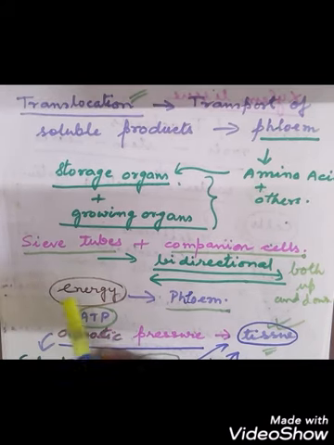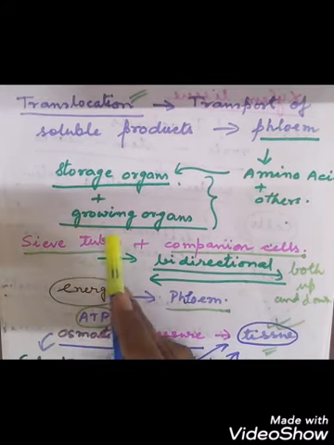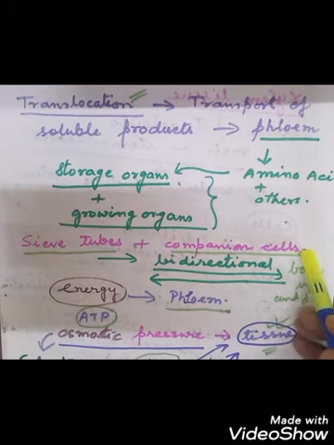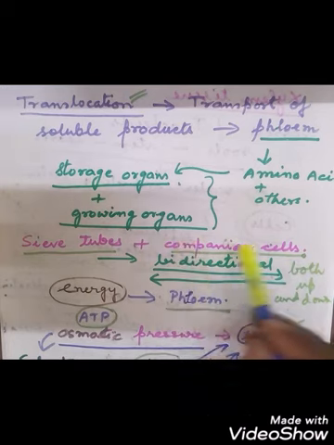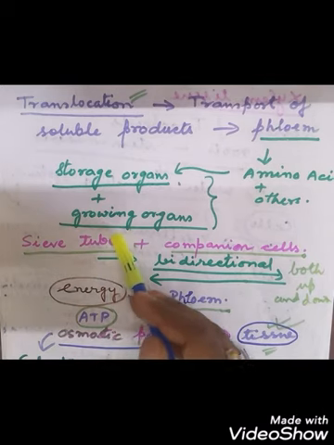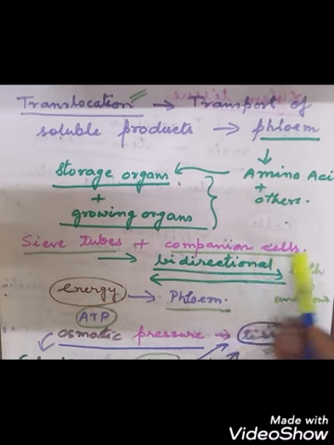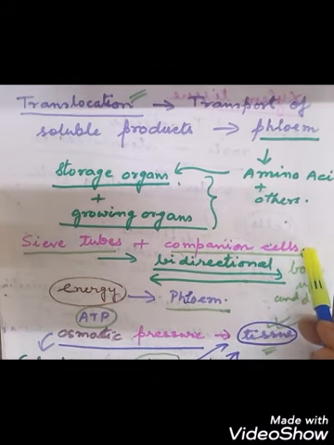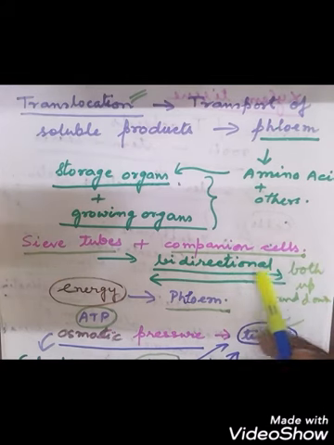As you all know, the phloem is made up of sieve tubes, companion cells, phloem parenchyma and phloem fibers. Out of those four, sieve tubes and companion cells work together to help in translocation. The sieve tubes, with the help of the companion cells, carry the food up and down, that is, in a bidirectional way.